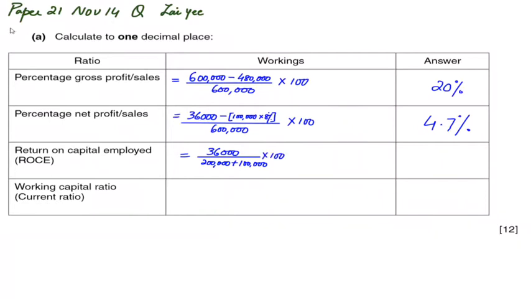So basically, the total amount of money that has been invested in the business is 300,000, out of which 200,000 is our own money, that is owner's equity, and 100,000 has been taken as a loan from outsiders. Out of that 300,000, 36,000 is the profit that we have earned.